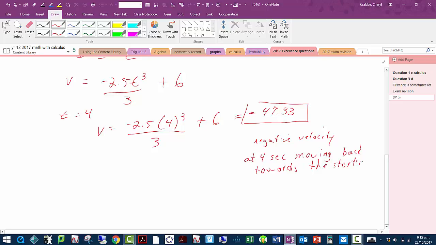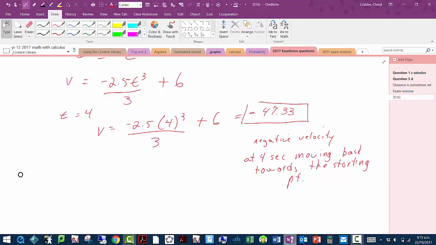We haven't done a lot of these kinds of problems where you get a negative velocity, but it can happen, and you've got to go through your notes and make sure you understand about a negative velocity. Now we're not done with the question yet because we also want to know the distance that this thing has traveled. When it says describe the motion, we also want to know how far it's gone in those 4 seconds.